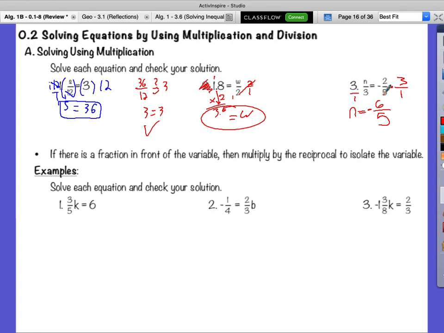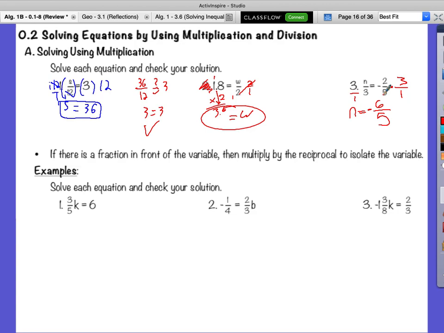Was it multiplication? Okay, well, what did we do with 3 originally? What operation? Divide. And how do we undo division? Multiplication. So that's why we're multiplying, right? Yeah, so big picture, let's make sure we're thinking about that, okay? That's what's going to help us long term, okay? Questions on that one? No.